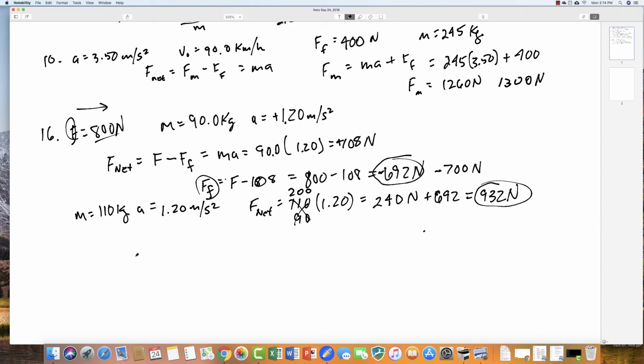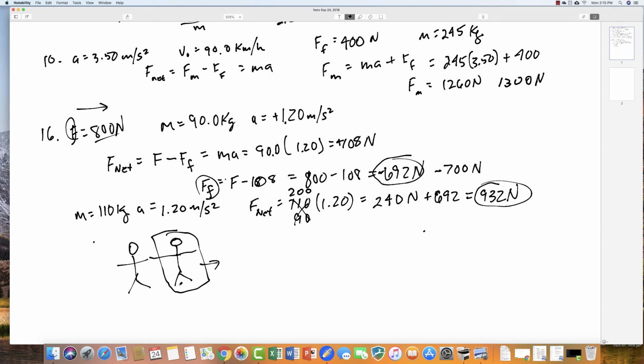Now, it asks you to draw a picture for the first situation and the second situation. So if you draw a picture of the first situation, it looks something like this. For the system A, that is the first problem, you're just taking into account the guy that's moving backwards.